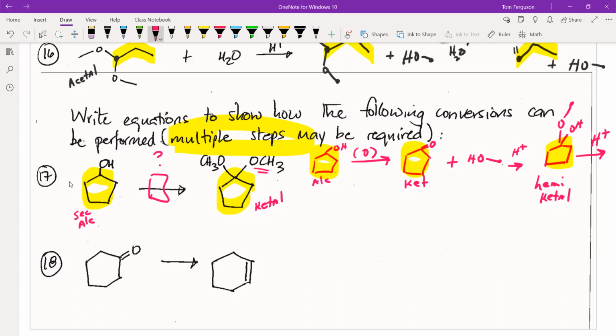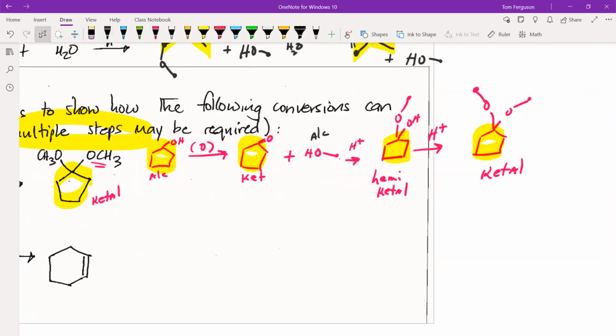So these are the alcohols right here. Here we have this was original alcohol, original ketone.